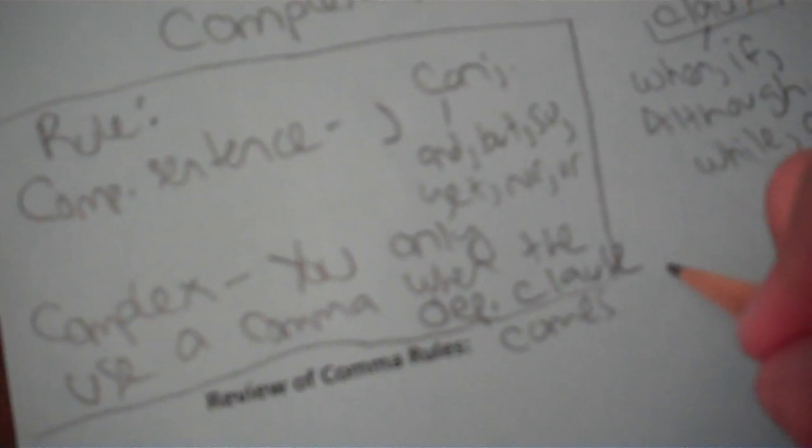But with complex sentences, the rule is different. With complex sentences, you only need a comma if the dependent clause comes first. So you only use a comma when the dependent clause comes first.